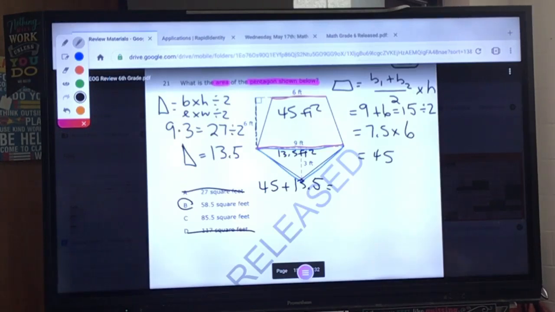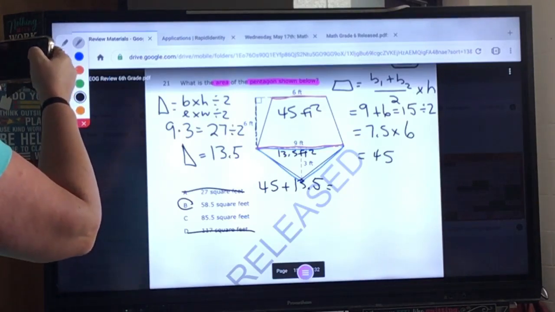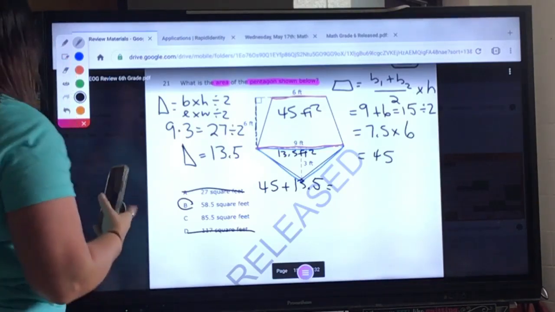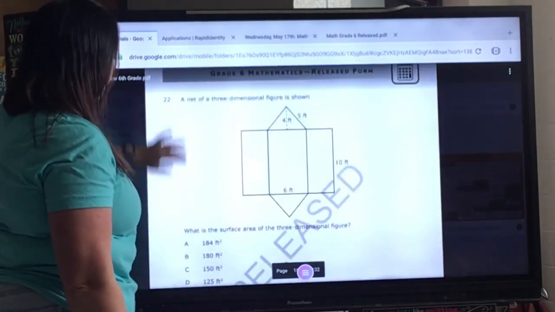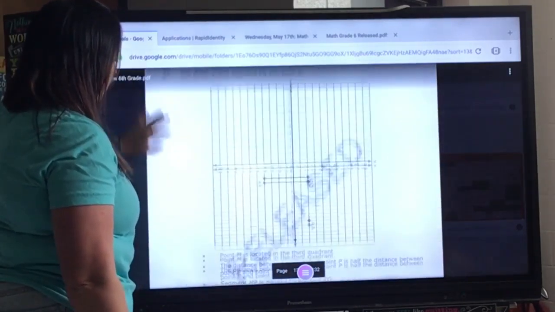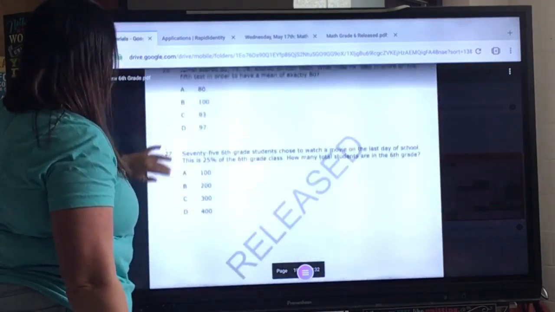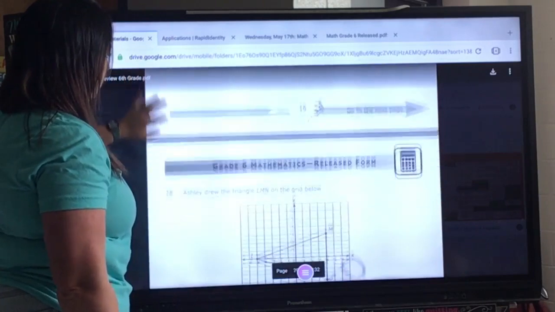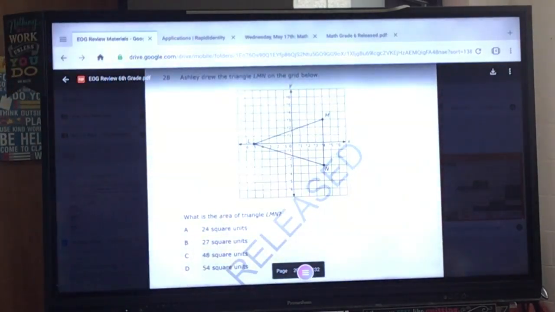All right, go to number 28. Alright, so it says, Ashley drew a triangle LMN on the grid below.